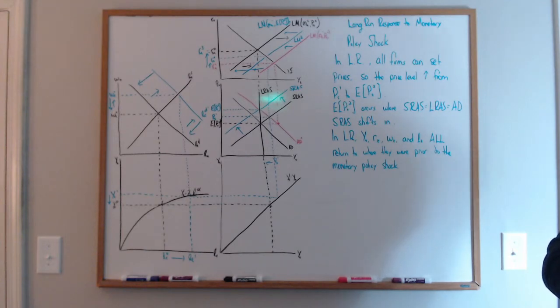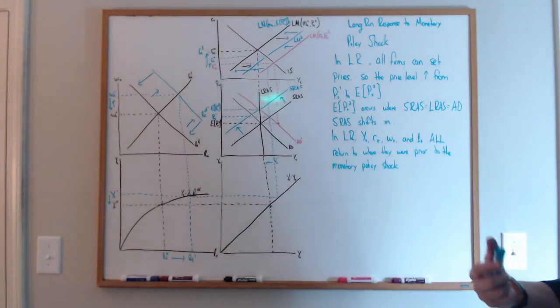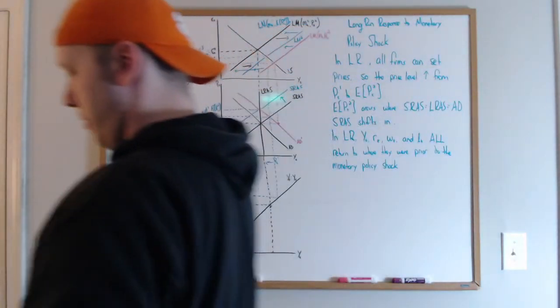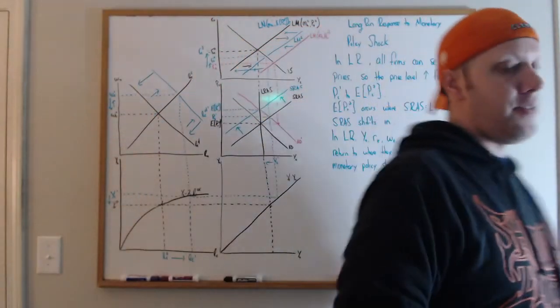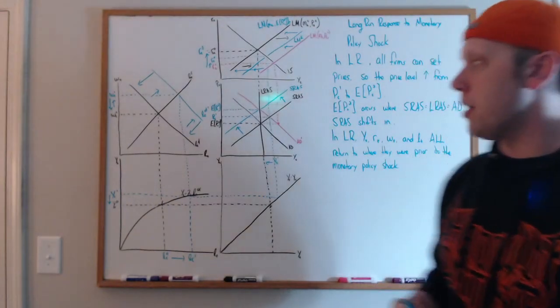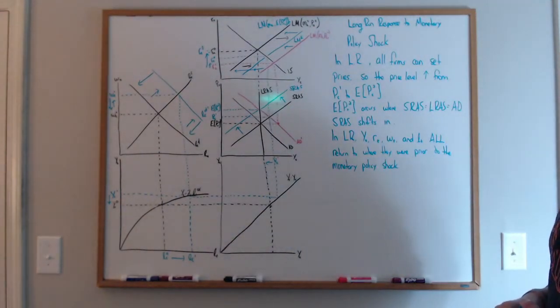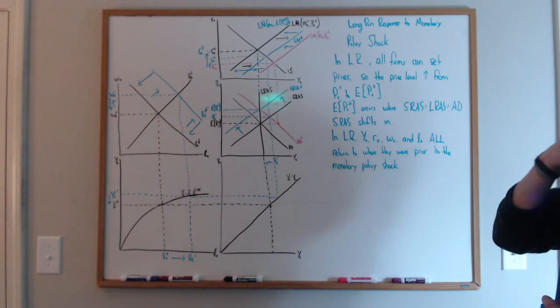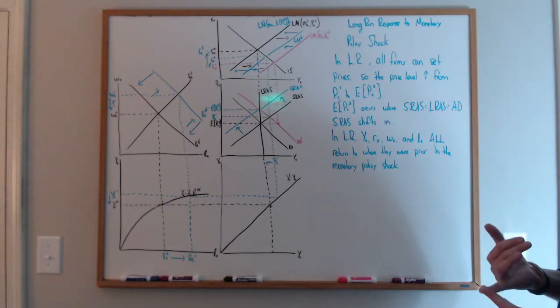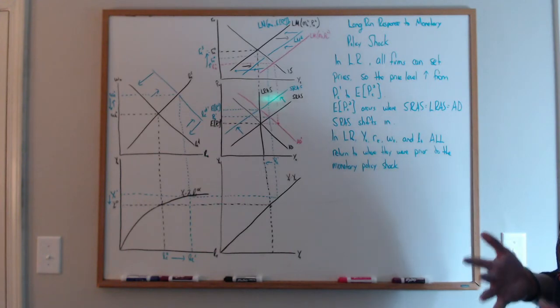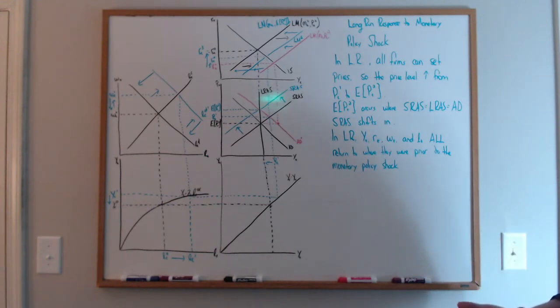So in the long run, we actually get the exact same responses that we got from the real business cycle model. But here there's a short run intermediate phase where there's an adjustment period in response to a monetary policy shock. Because prices are sticky, monetary policy shocks can actually transmit to the real economy.